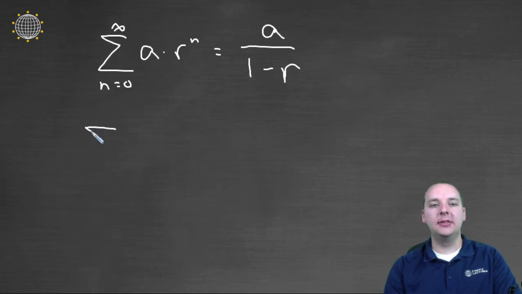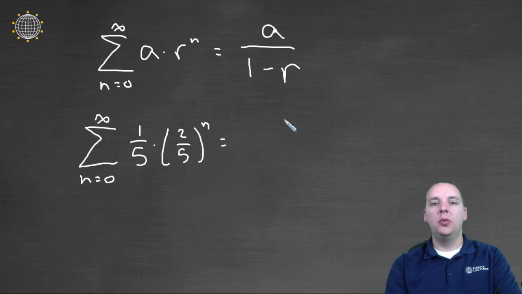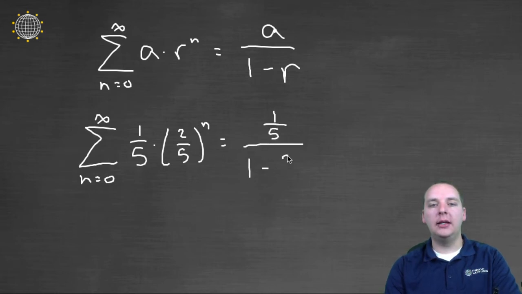I can say that the sum n equals 0 to infinity of 1/5 times 2/5 to the nth power, which is not ours because ours doesn't start at 0, would be equal to 1/5 divided by 1 minus 2/5, right?